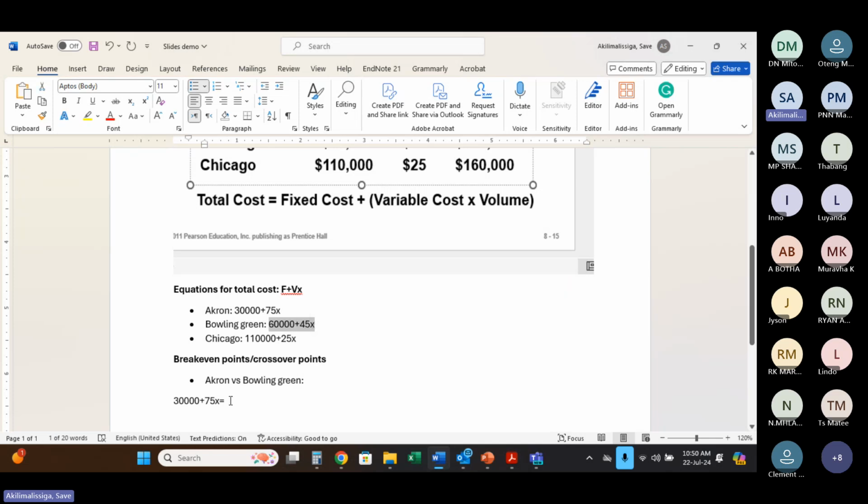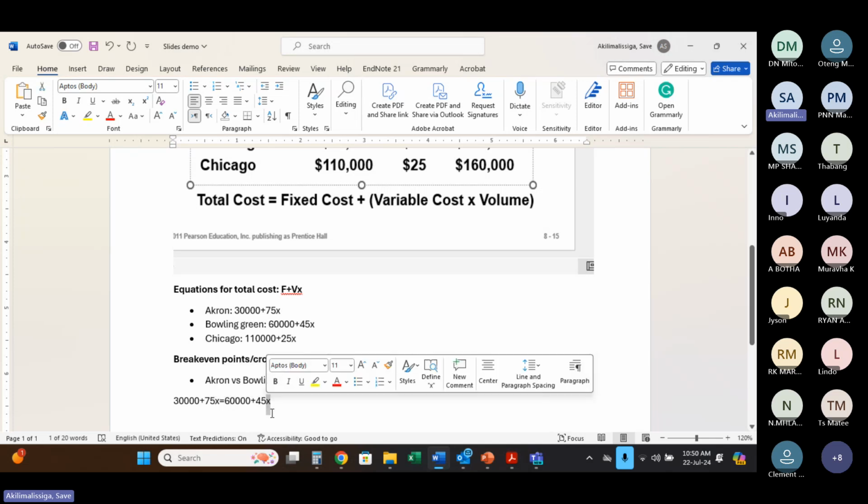That is what we are going to do because they are meeting at a specific point. By doing this, we are calculating that point. Now you already have an equation that you need to solve for x, because x is the unknown value, or variable.